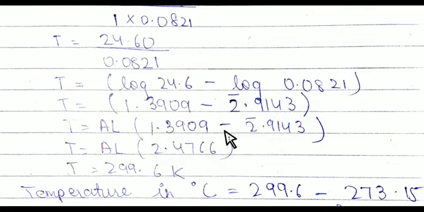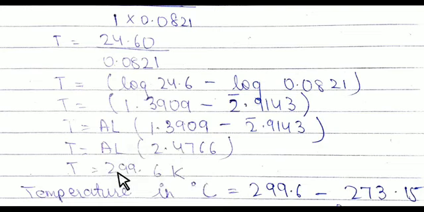Now taking antilog of this digit, not using 2 here, just taking antilog of 4766. So we will get 299.6. Before the decimal point here 2 plus 1, so it will become 3. So we have to put the point after 3 digits.